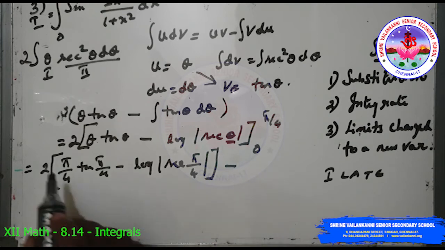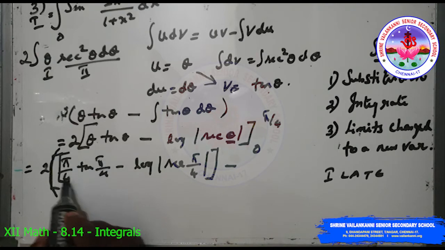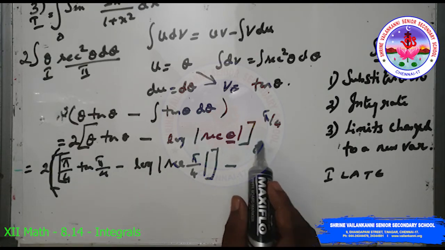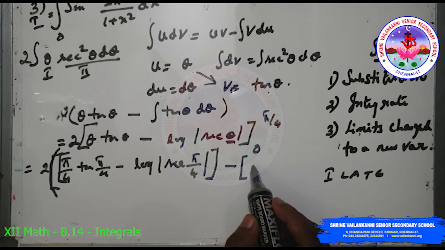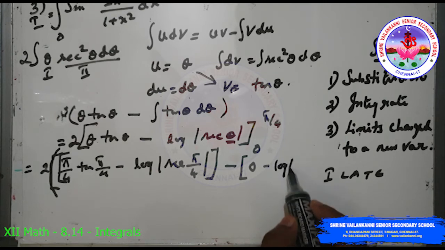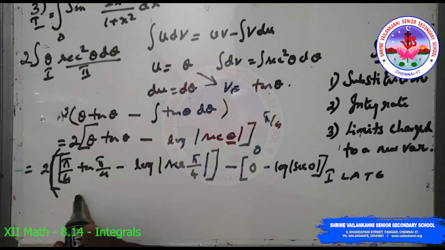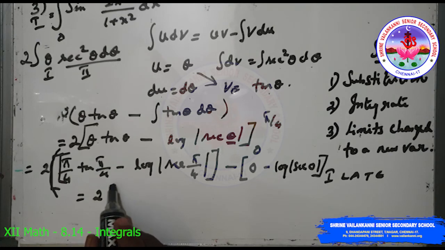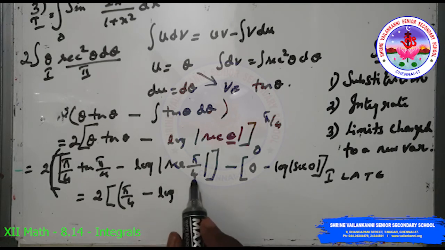Then minus the lower limit: 0 into tan 0, so 0, minus log of secant 0. So which is equal to 2 into pi by 4. Tan pi by 4 is 1. So 2 into pi by 4 minus log secant pi by 4.